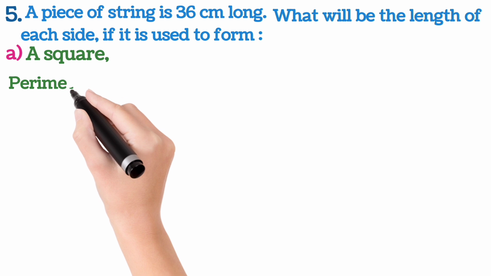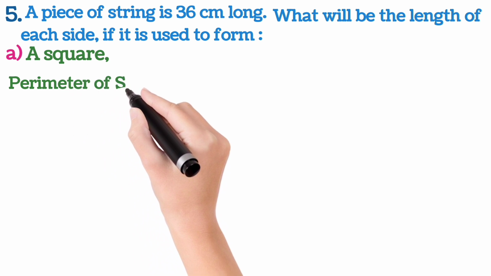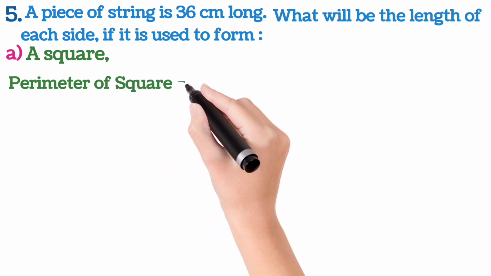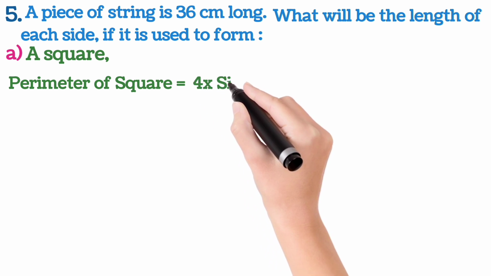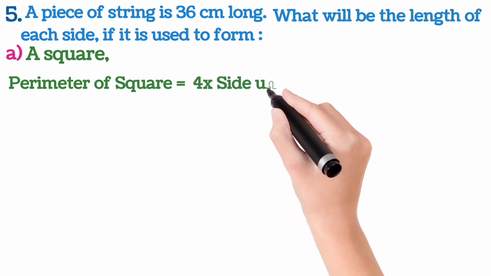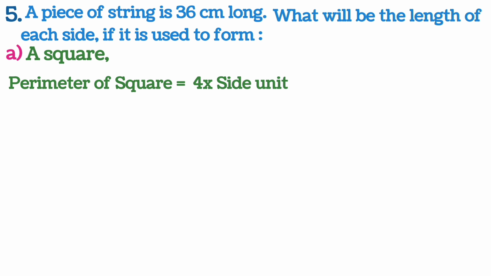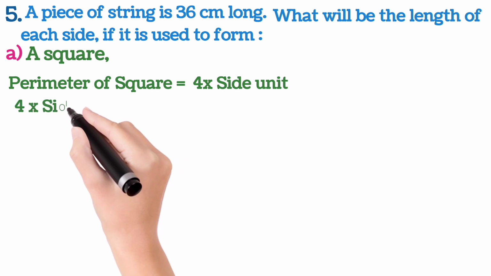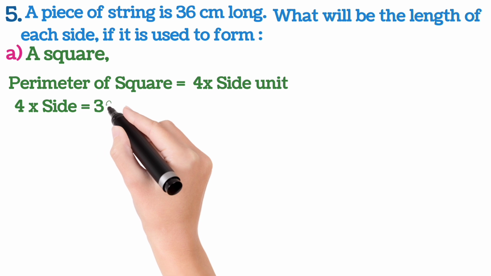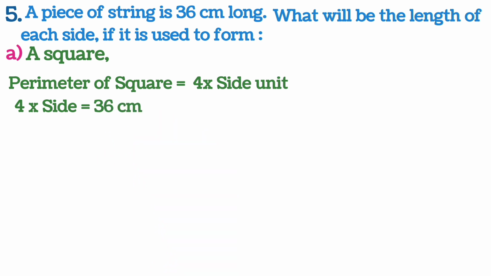So the perimeter is 36 centimeter. First, we will write the formula of the perimeter of a square, 4 into side. All of you know this. So now we can write 4 into side equals 36 centimeter.